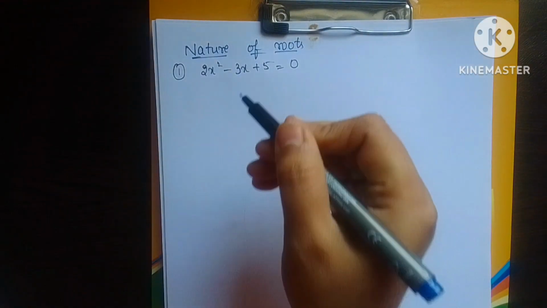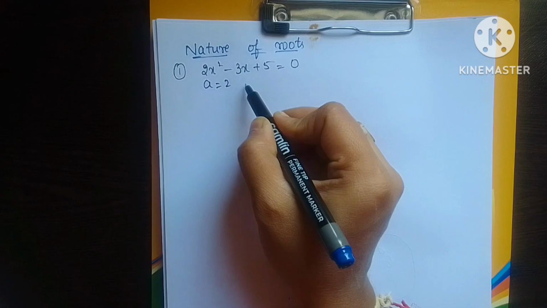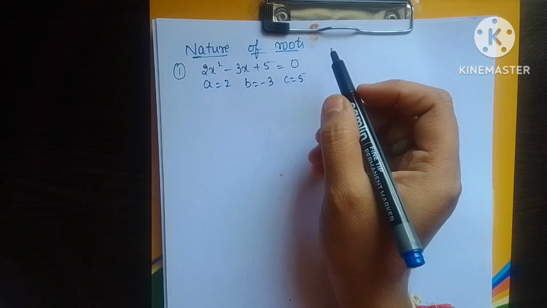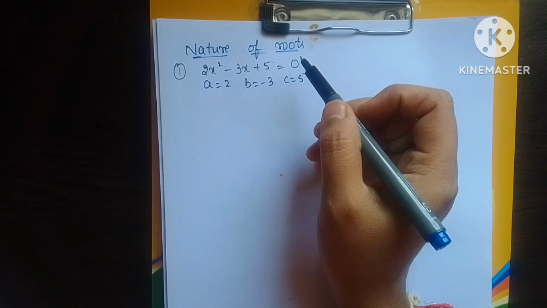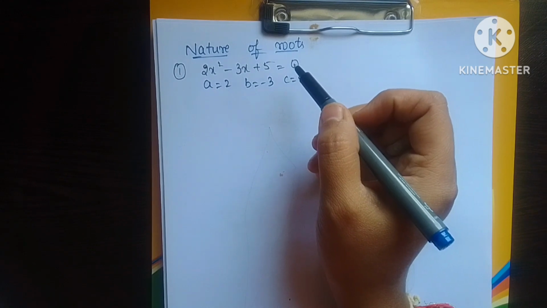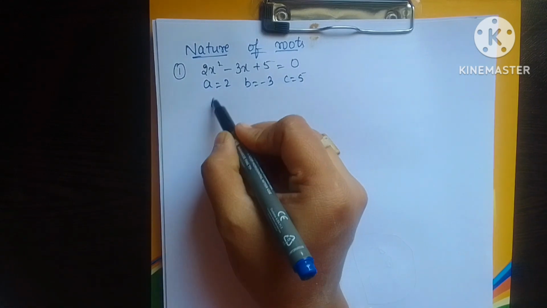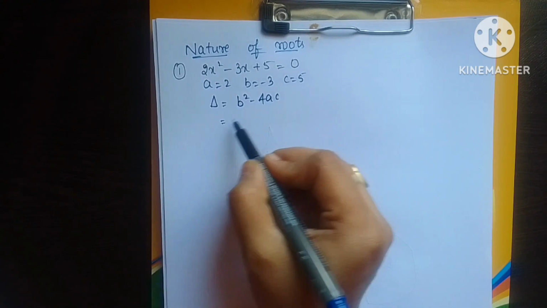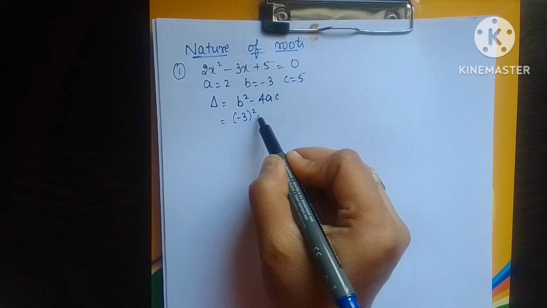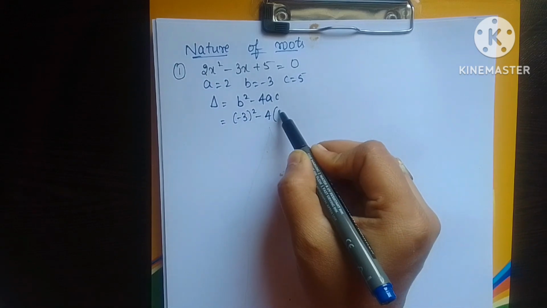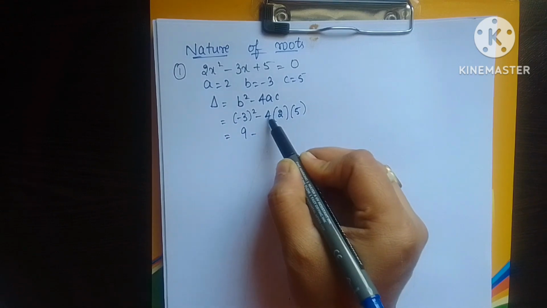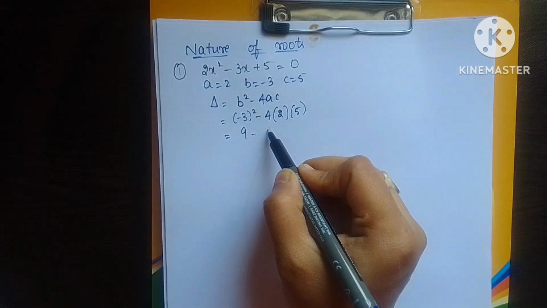So for the nature of the roots, here a is 2, b is equal to minus 3, c is equal to 5. As in the discussion at the start of the class, we have seen that for the nature of the roots, delta is equal to b square minus 4ac. So b square means minus 3 whole square, minus 4 into a is 2, c is 5. 9 minus 4 into 2 is 8, 8 into 5 is 40.